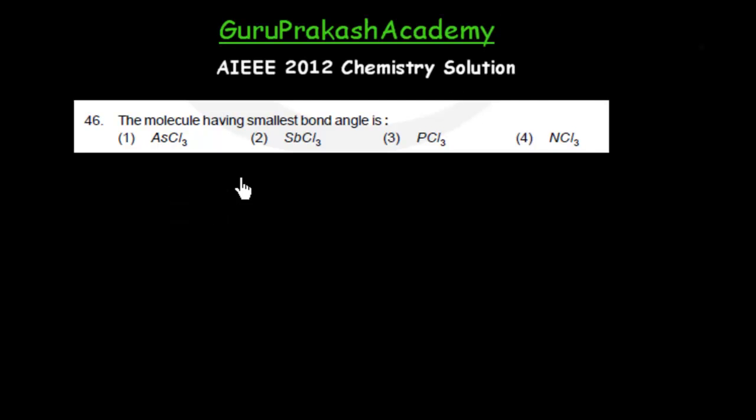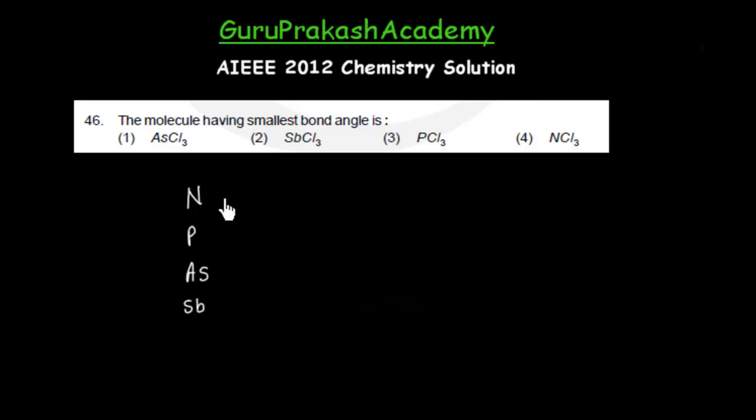Now this problem is from the chemical bonding chapter. Quite an interesting problem. Question says the molecule having the smallest bond angle is. So we have been given 4 molecules and we have to find which will have the smallest bond angle. Now if you see in the periodic table, you have nitrogen first, then phosphorus, then arsenic, and then antimony.